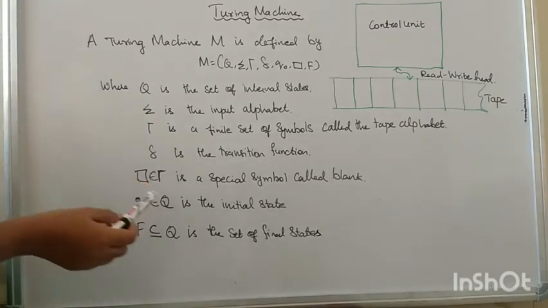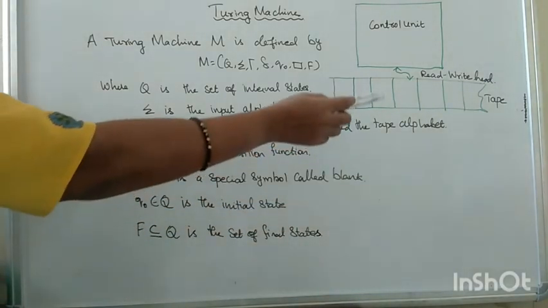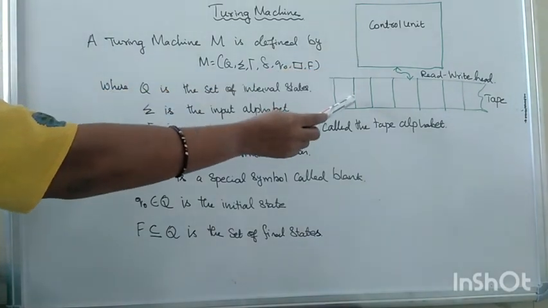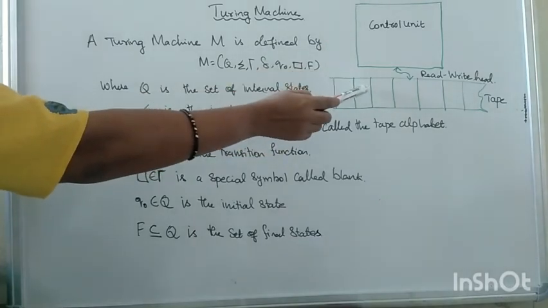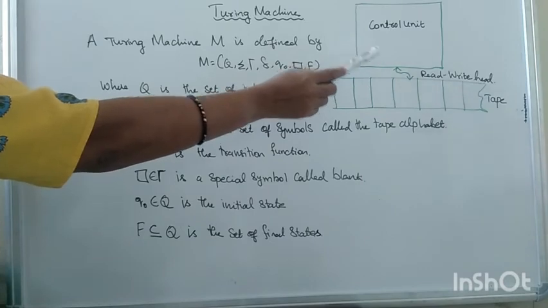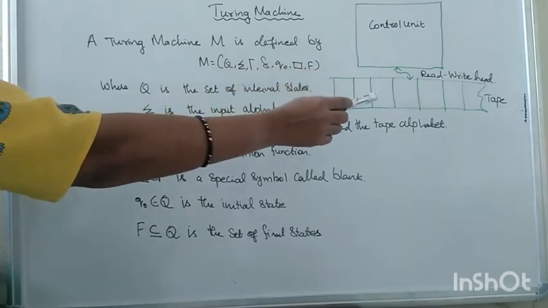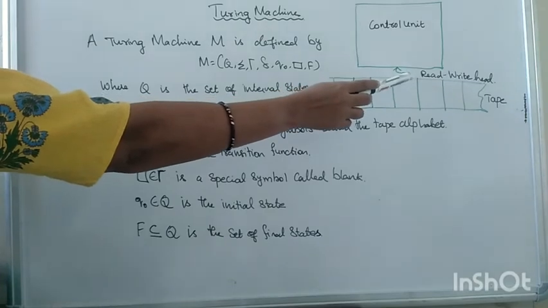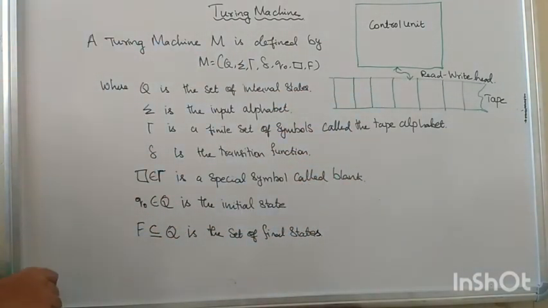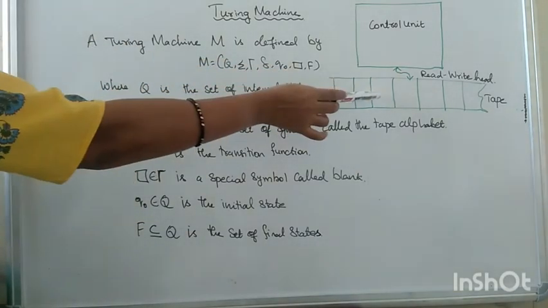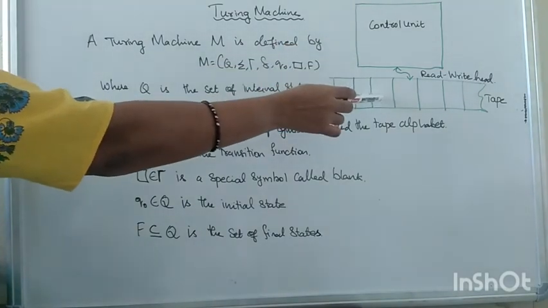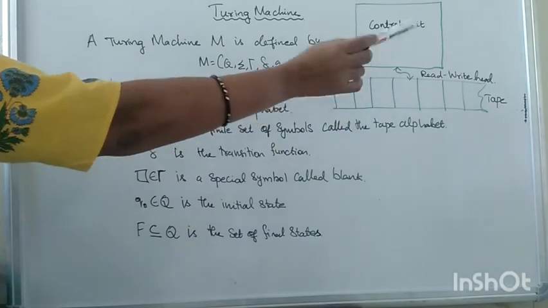When we look at the working principles of the Turing machines, you will have the control unit and you will have the tape as a temporary storage. The tape symbols will get stored here. This control unit is responsible for controlling the operations of this machine, and this is a read-write head. In push-down automata, we push the symbols onto the stack and pop them out. In the same way, here in Turing machines, we read the symbols from the tape as well as write the symbols onto the tape.